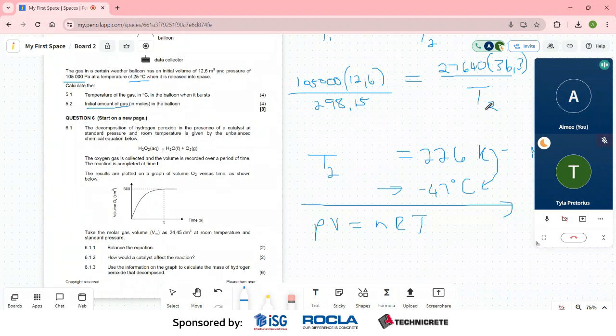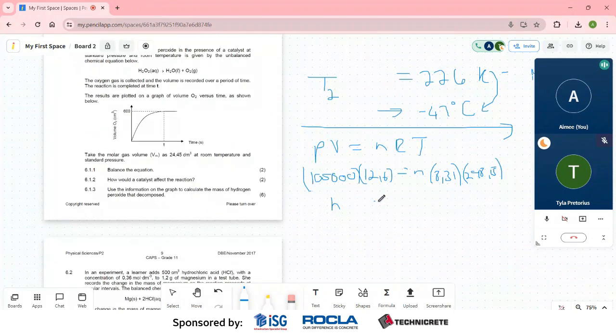If they wanted moles finally, we'd have to use this. So we just say, initially my pressure was 105,000 pascals multiplied by my initial volume, which was 12.6, equal to n, which is what we're looking for, multiplied by 8.31, which is my R, my constant, which you can find on your formula sheet, multiplied by my temperature, which was 298.15.